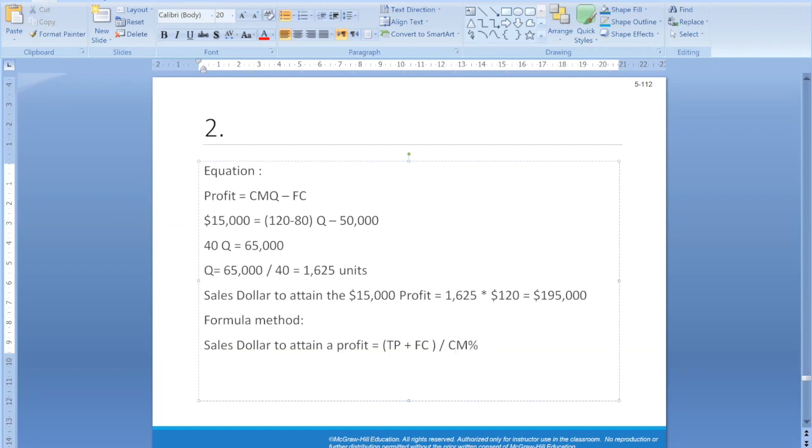Be careful that we are using the ratio because of the sales dollars, right?